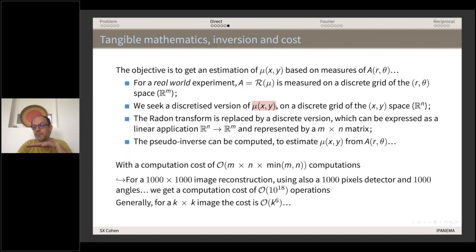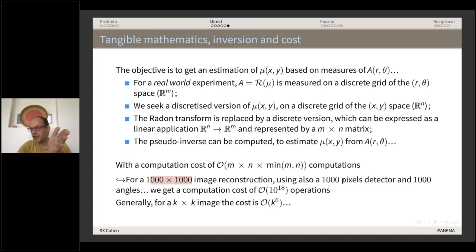It's just a 1 megapixel image. Considering the multi-megapixel camera in your cell phone nowadays, this is completely outdated. But let's say we want a 1 megapixel image, and to be approximately balanced between what we want to compute and what we measure, we measure more or less the same amount of data. So we are going to have a detector which is 1000 pixels wide.